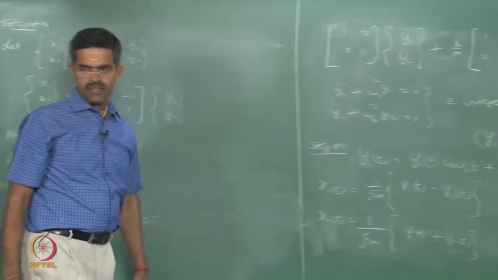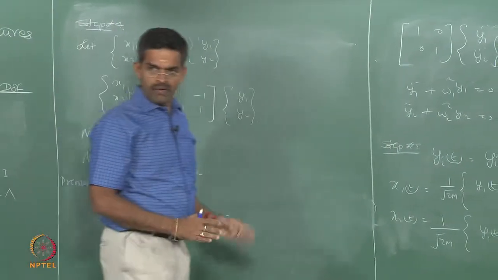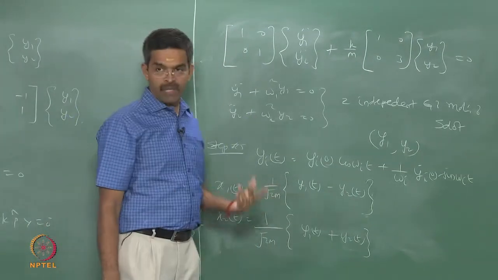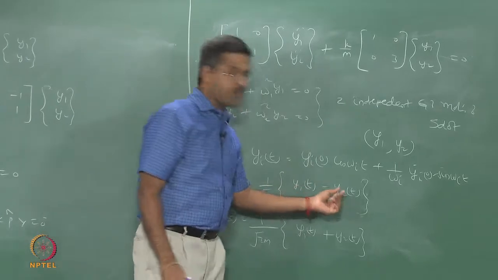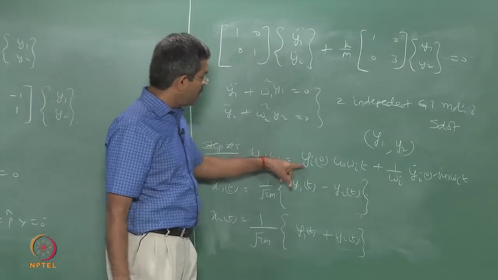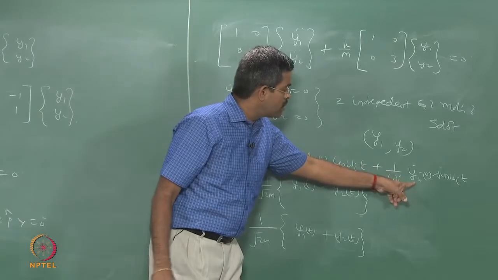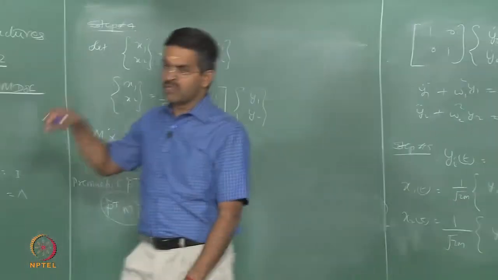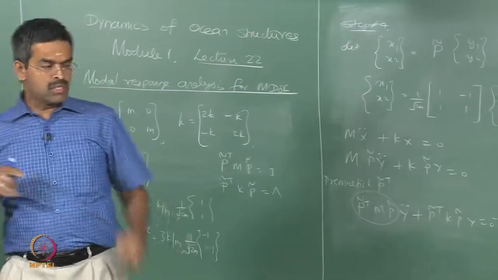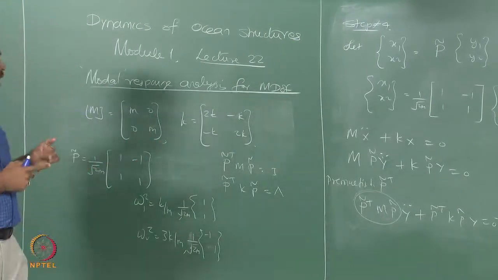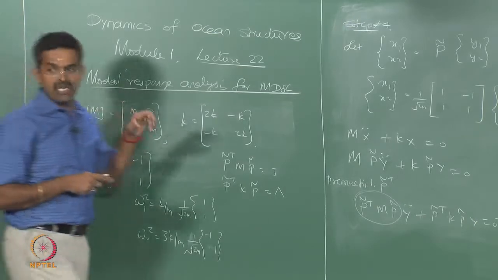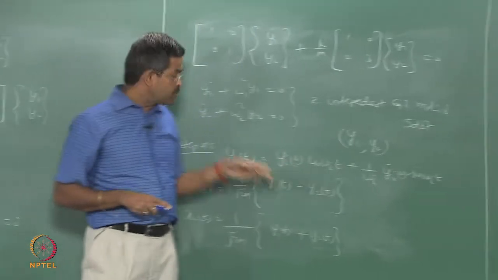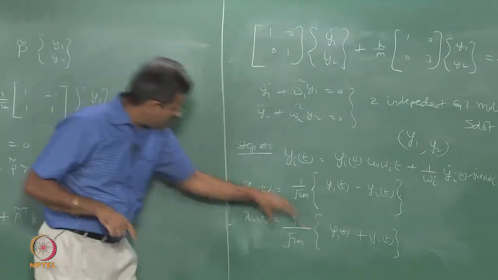Okay. Now, the problem is very simple if you know y1 of t and y2 of t. Now, the problem is complicated because y1 of t and y2 of t depend on initial conditions on y of 0 and y dot of 0. I do not have them with me, I have only x0 and x dot of 0 with me. The original boundary conditions given in the problem are related to x only. So, I have to convert those original conditions on the y frame, substitute them here, get yi's, put them here, get xi's.